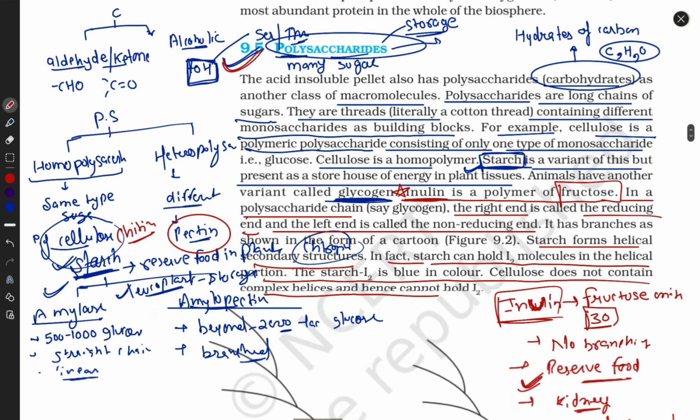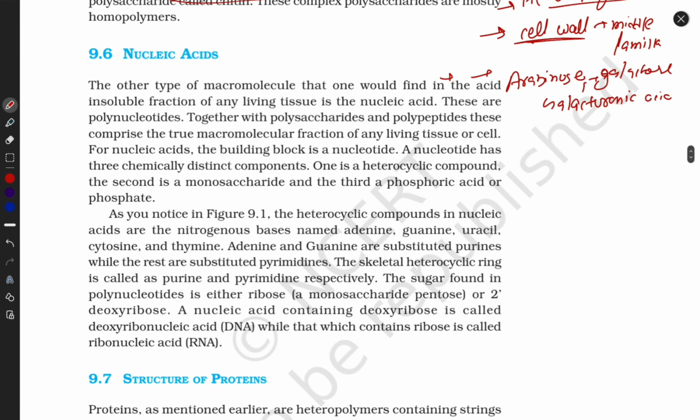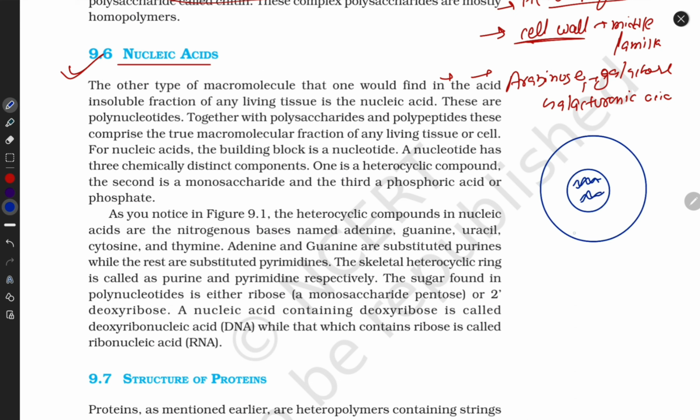Okay, and now, guys, next, nucleic acid. I already discussed in detail what nucleic acid is. Again, I'm repeating briefly. This is the cell, guys. The cell contains a nucleus and the nucleus contains nucleic acid. We call it DNA. It has a double helical structure, and the cell also contains RNA, which has a single helical structure.